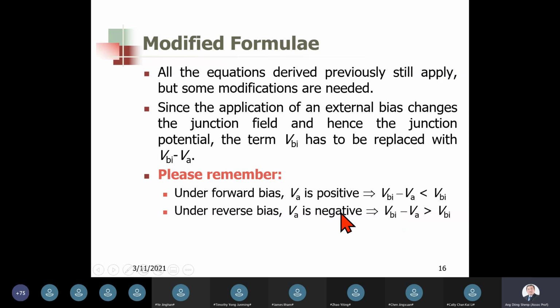Under reverse bias, they add up to give you a potential larger than VBI. So in equations where you see the VBI term, you just need to replace it with VBI minus VA, and you can continue to use some of the previously derived equations.